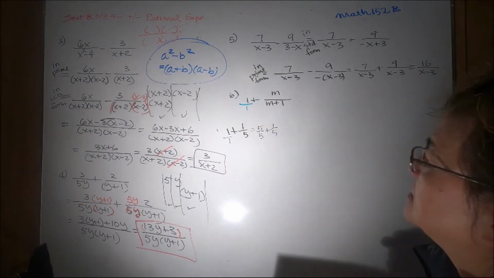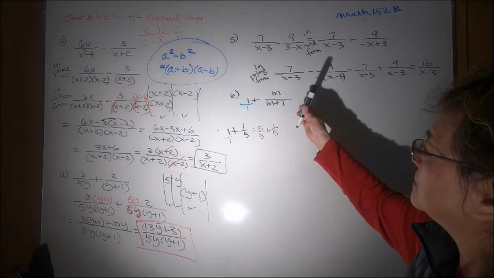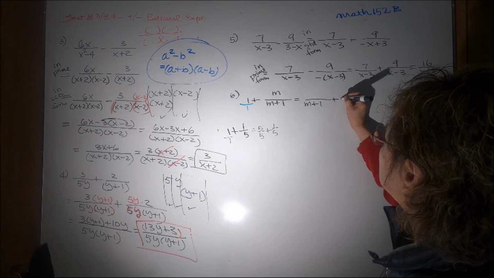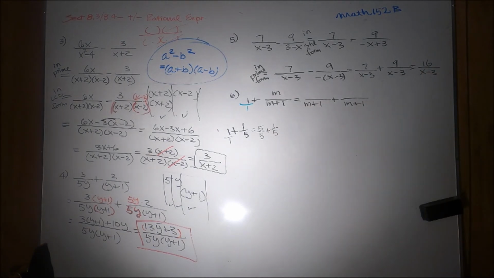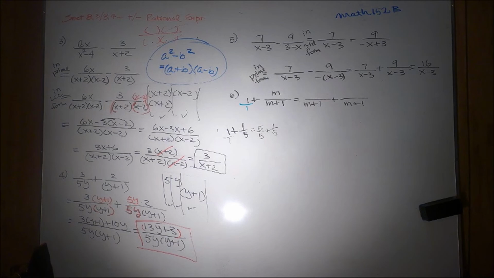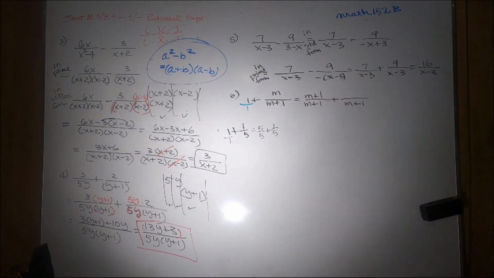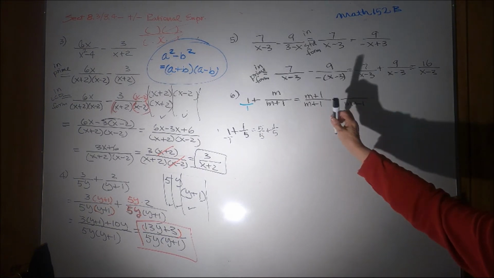So you put a 1 underneath, then between 1 and n plus 1, what do you think your LCD would be? That would be your n plus 1, right? Like 5/5. So you multiply the bottom, you multiply the top.